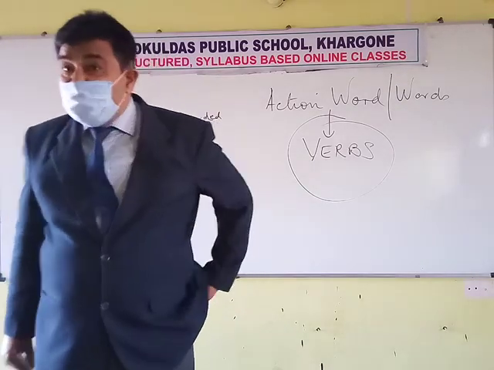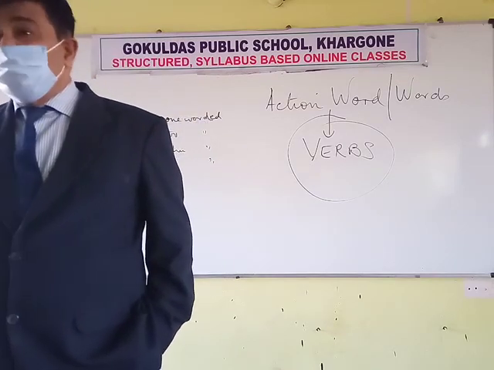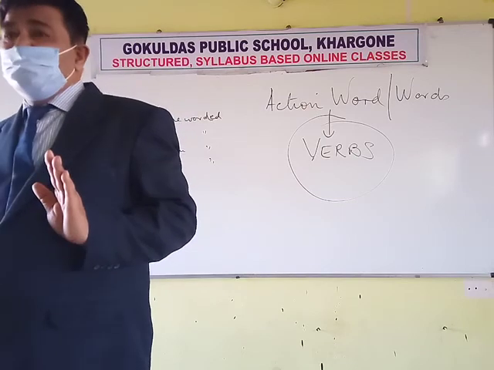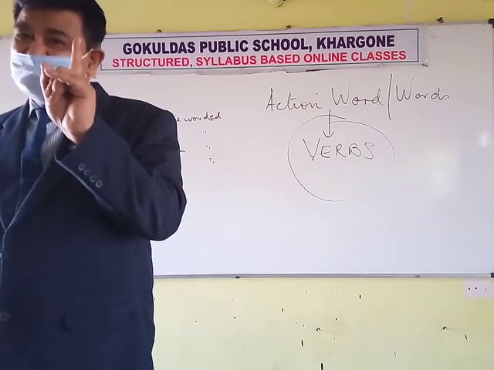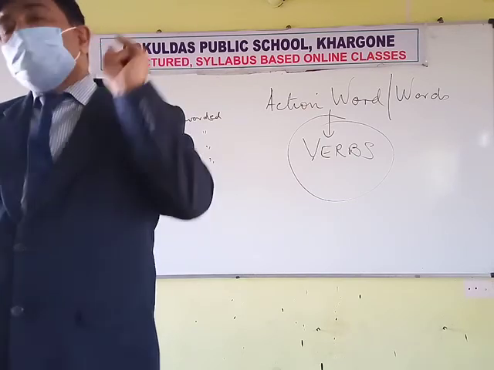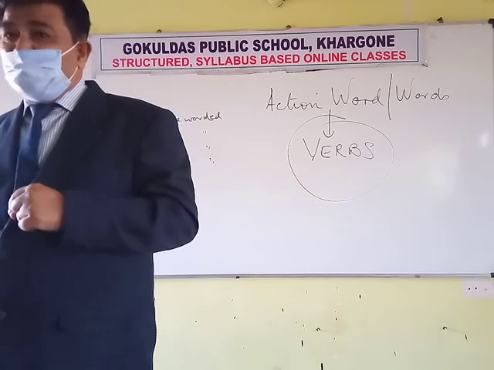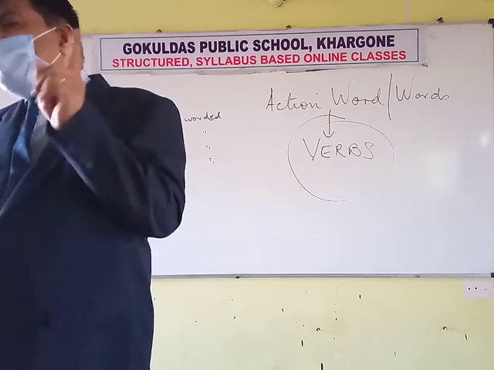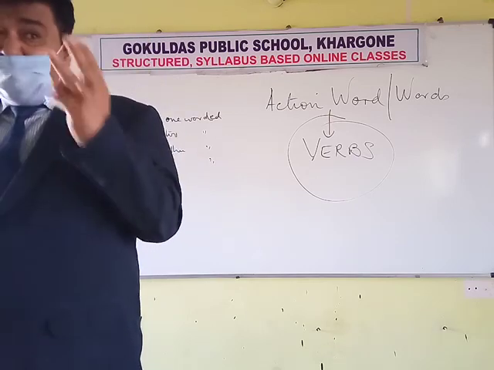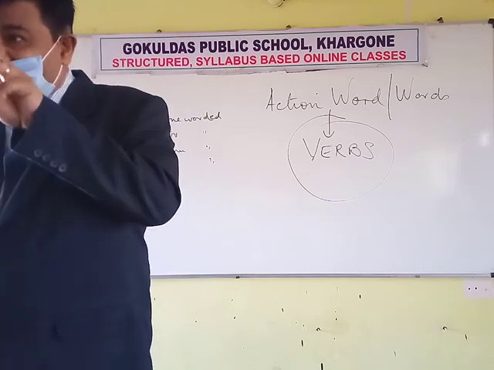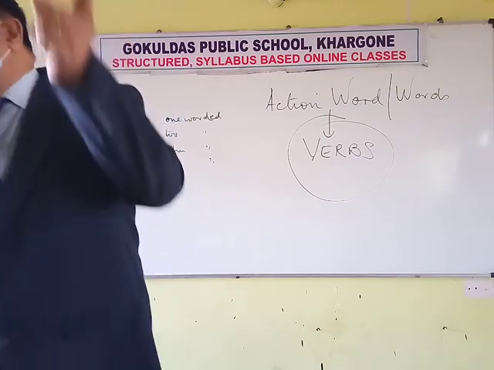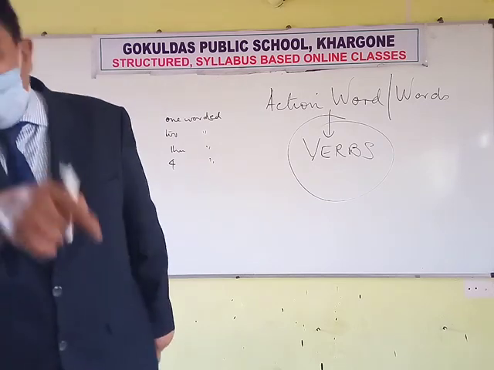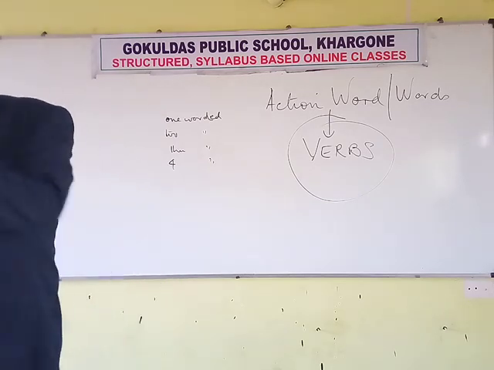When I come to tenses, I will show you the flow. He ate his breakfast. Ate. One word. He is eating his breakfast. Is eating. Two. He will be eating his breakfast. Will be eating. Three. He will have been eating his breakfast by this time tomorrow. Will have been eating. Four.